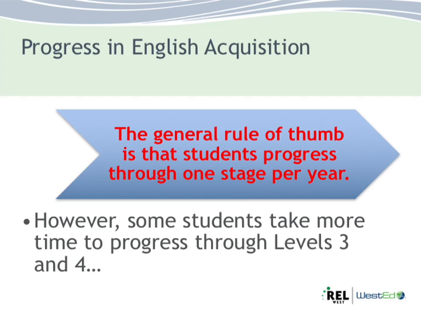So typical here, progress in language acquisition. Typically, we say that children grow at about a rate of a language level a year, more or less.